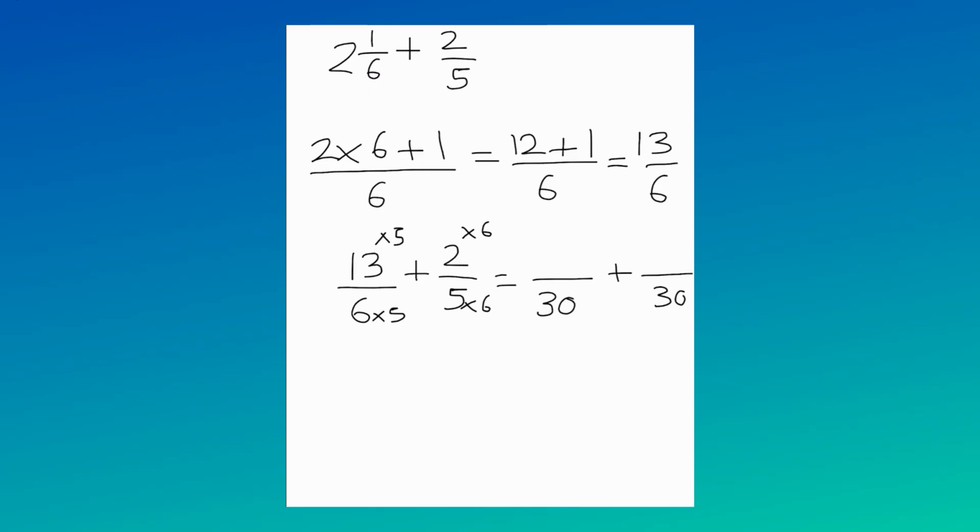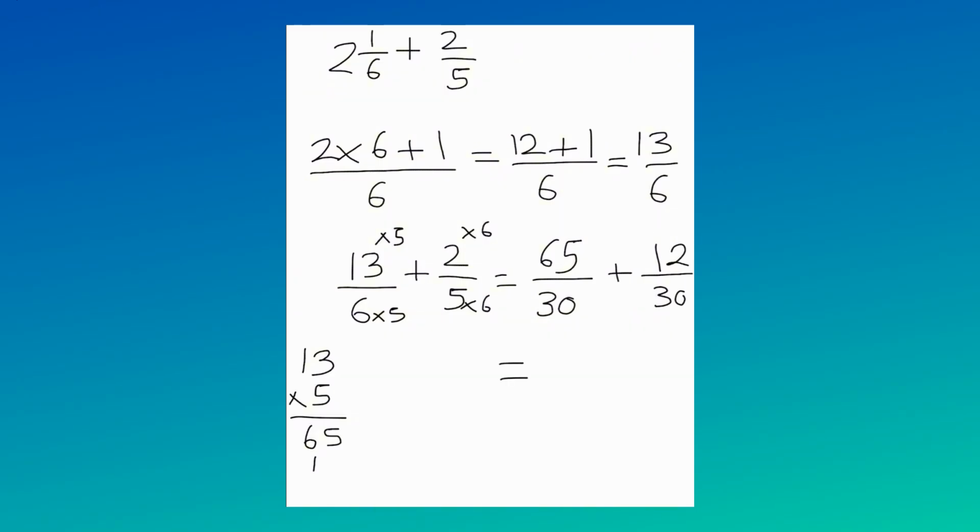Now the second fraction is easy. 2 times 6 is 12, but 13 times 5 is a little bit harder. So we can just do a multiplication sum on the side here. 5 threes are 15, 5 ones are 5, plus 1 is 6. So it's 65 over 30.